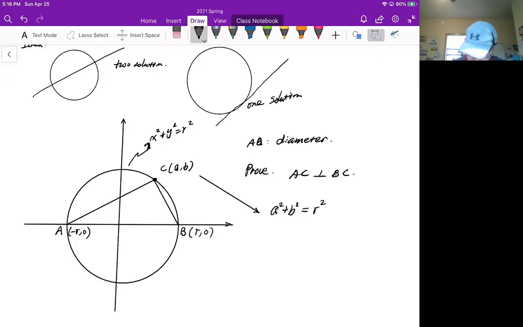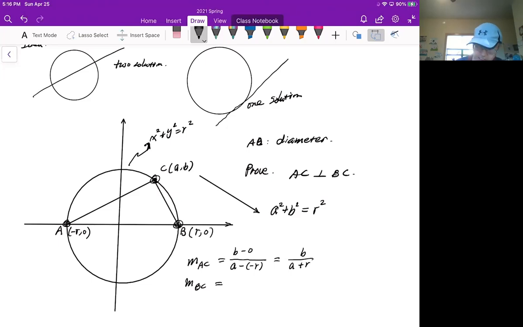So I'm going to get the slope of AC and the slope of BC. The slope of AC is b minus 0, from the point here and the point there, over a minus negative r. So it's b over a plus r. Okay, what's the other one?